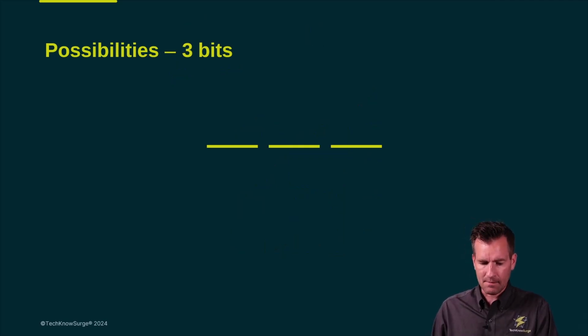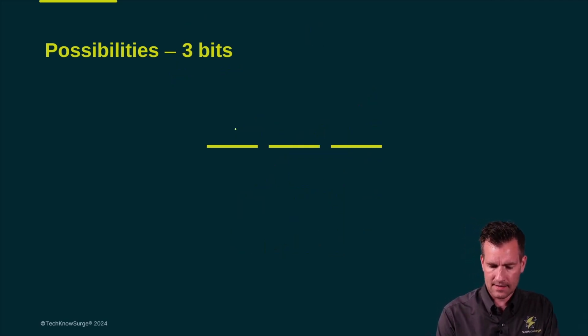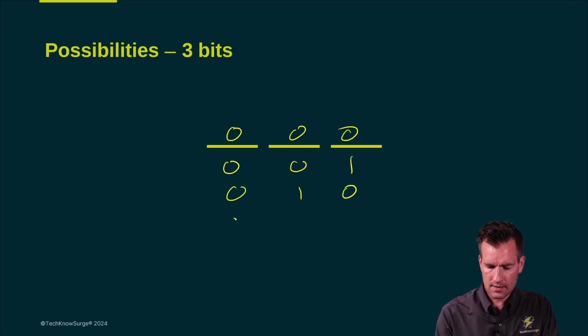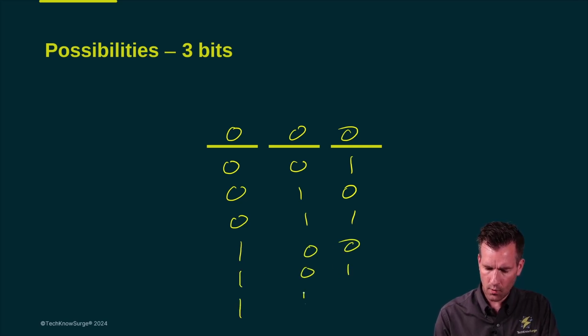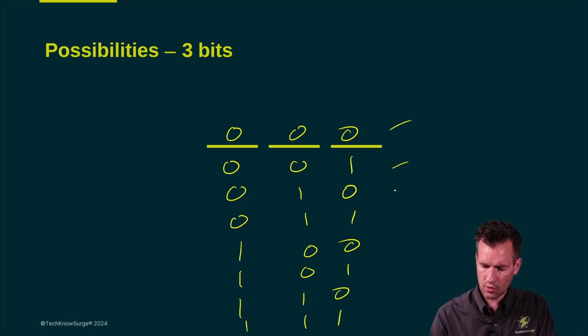Let's do that again. Here we have 3 bits. So we've got 0,0,0, 0,0,1, 0,1,0, 0,1,1. We've got 1,0,0, 1,0,1, 1,1,0, and 1,1,1. So 1, 2, 3, 4, 5, 6, 7, 8.